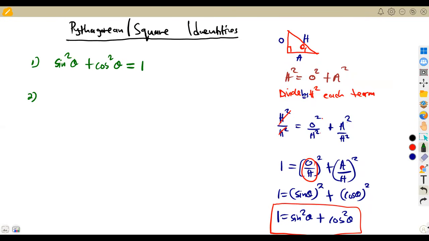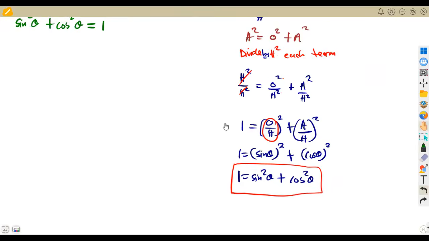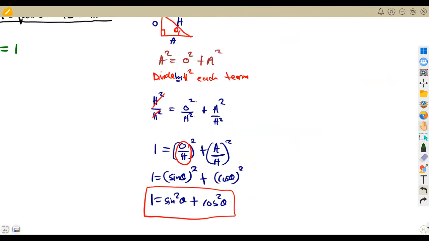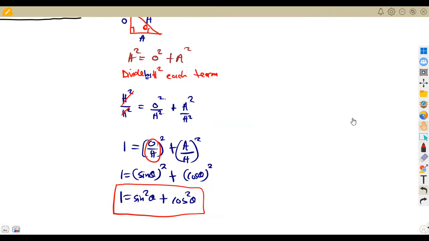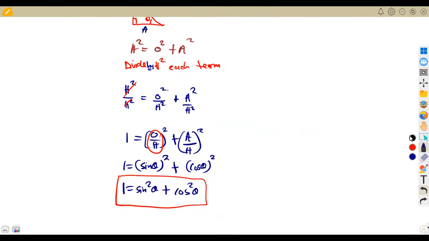The second one: if we take this identity that we now have, 1 is equal to sine squared theta plus cos squared theta, let's say you divide each and every term, this time by cos squared theta, just like the previous part.